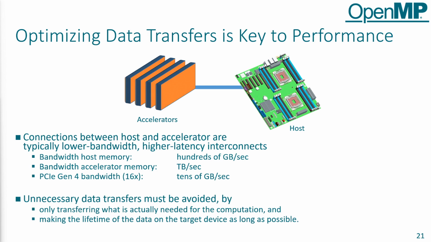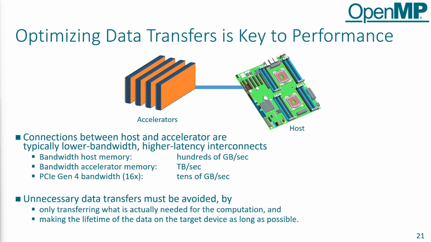So first of all, we only need to transfer what is actually needed for the computation, right? So in the SAXPY example, I was already optimizing the data transfer of X by only shipping X over to the GPU, but not bringing it back, because I knew that it wasn't changed as part of the offload kernel. So that was already one of the performance optimizations that we have to do here.